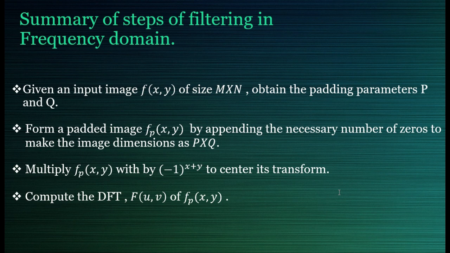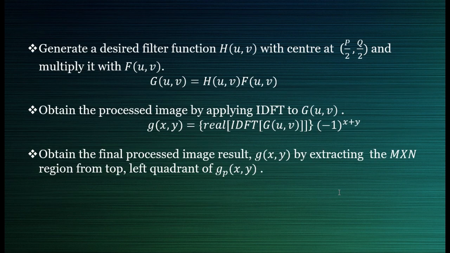Now we have computed the DFT of the image, and we have generated the desired filter function with the center at P/2, Q/2 and multiplied it with the frequency spectrum of the image, and we have found the IDFT of the resulting multiplication. And to again center its transform, we have multiplied it with minus 1 to the x plus y, and we should take the top left quadrant of the obtained image as we have padded zeros to the right and bottom of the image.